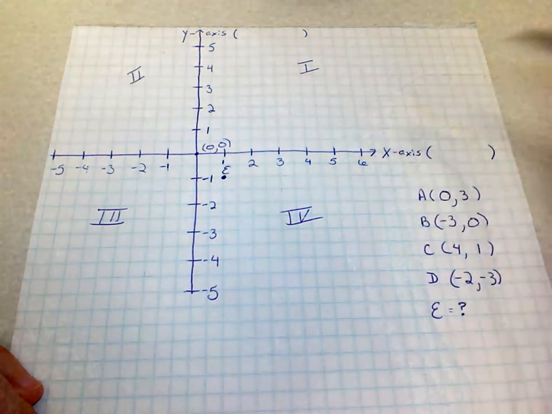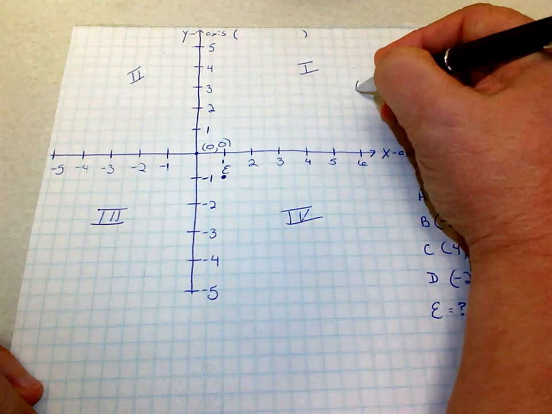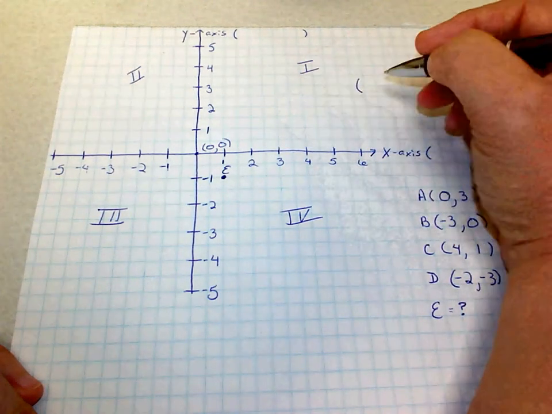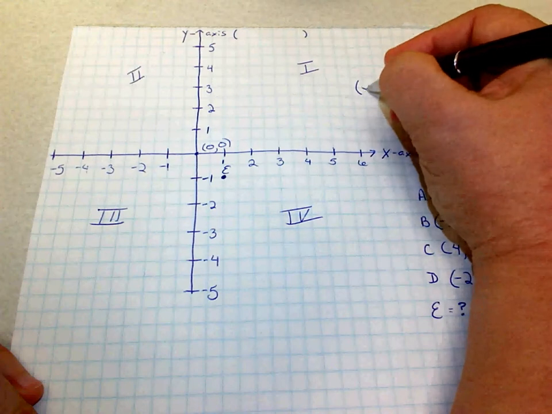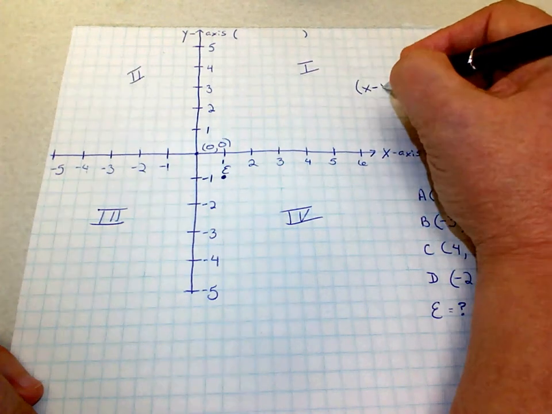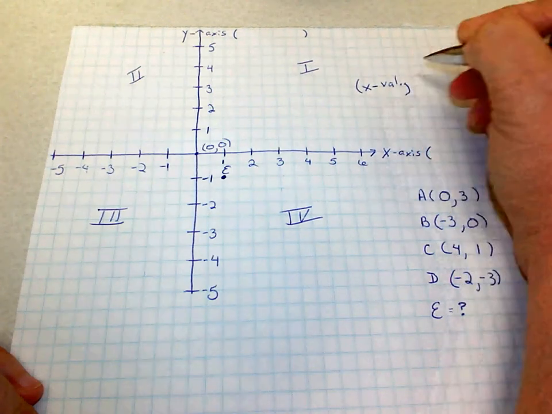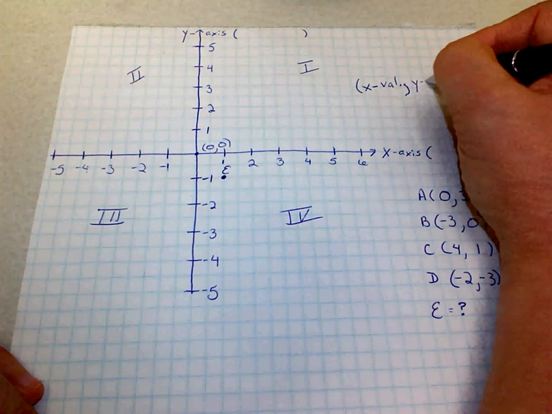Now, another thing you need to know, when we graph points on this coordinate system, the first number in this coordinate system is always your x value, comma, your y value.